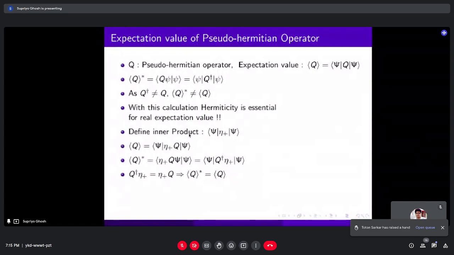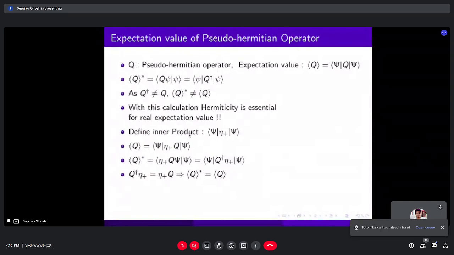That means it is real. So all these calculations are a generalization of the known quantum mechanics in our textbooks up to MSc. And whenever η is the identity, we get the known result which is read in our textbooks.